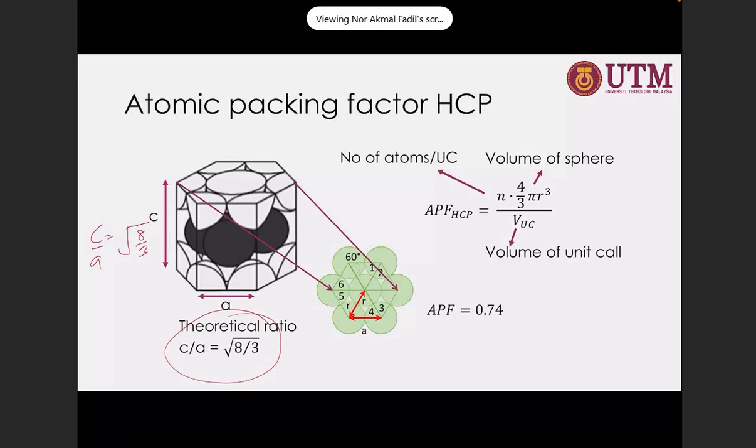Okay, so now we have a relationship between C and A. So look at this A. Remember when we try to relate how packed it is, based on how many atoms and their volume in the cell divided by the size of the cell.